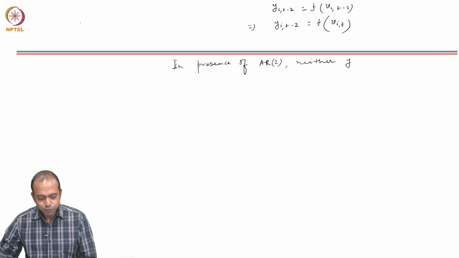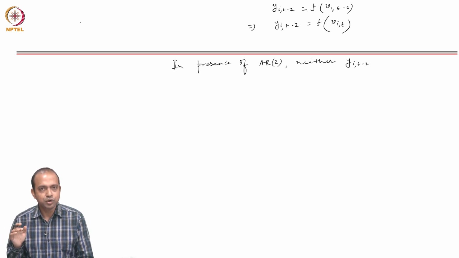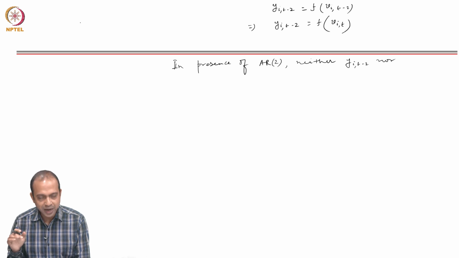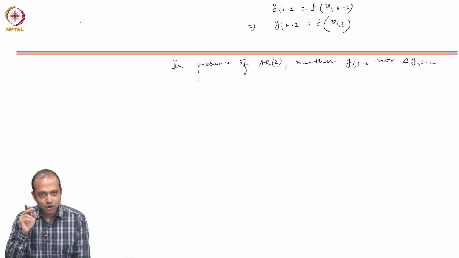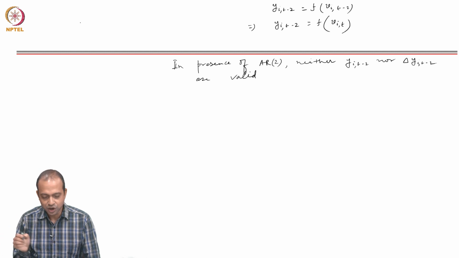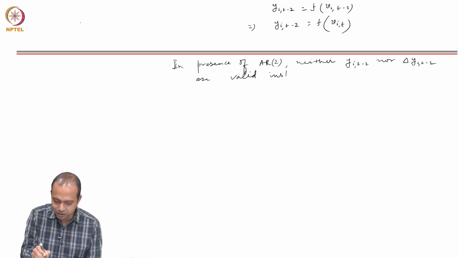Then another important point, we talked about dynamic panel bias and we also talked about Nickell bias. That means application of FE and FD transformation, how that leads to Nickell bias.